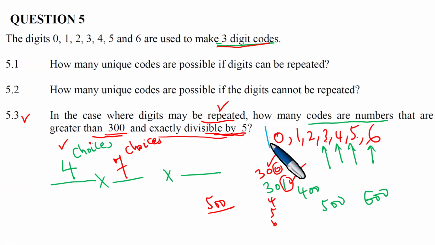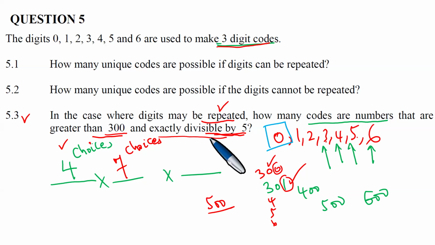We just remove the zero, which might be problematic in the case we form 300, for example, because we'll get a number that is equal to 300. But a number equal to 300 is obviously not greater than 300.